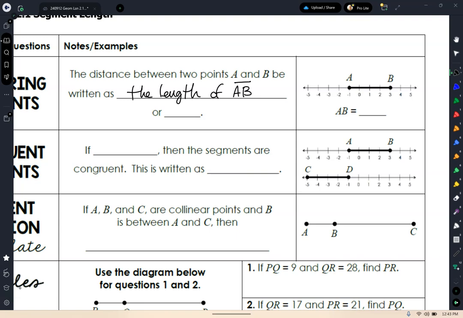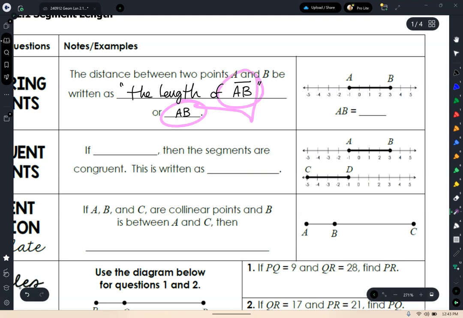Now, I could write that phrase. In fact, let's put this in quotes. I could take this whole phrase and sum it up by writing that. Notice the difference between this and this. What's different about them? Yeah, there's no line across the top of this one. That is an important difference when you're writing your geometry.